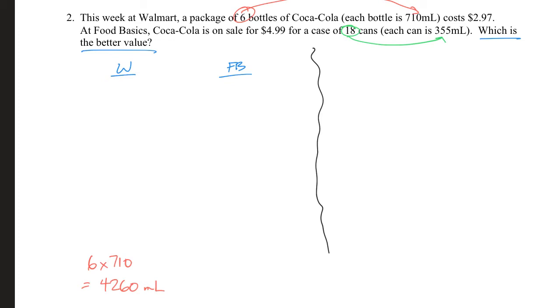At Food Basics, I have 18 cans, and each of those cans is 355 milliliters, so I have a total of 6,390 milliliters. So we can really see now that we are buying packages of different sizes.